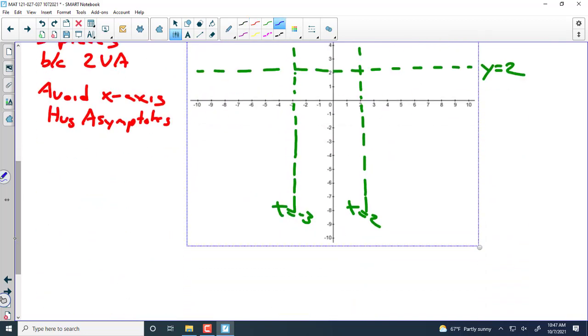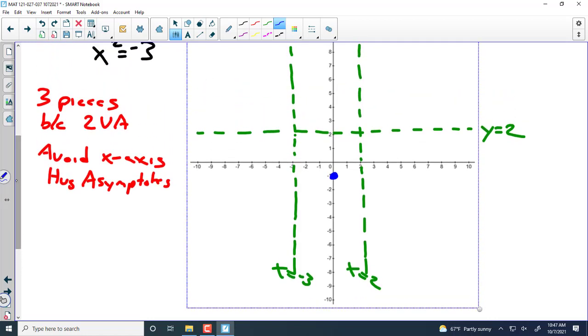You'll never have more than 1 y-intercept. So for this one, everyone, is the middle part actually easy? Because we know we have a point down here below, and are we allowed to go over that x-axis? No.